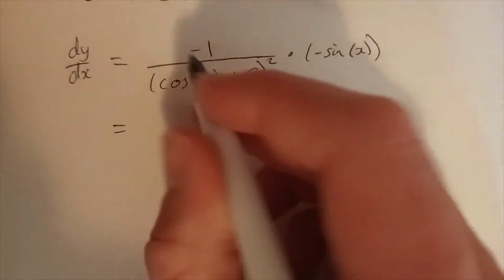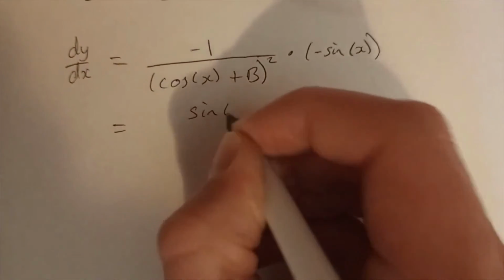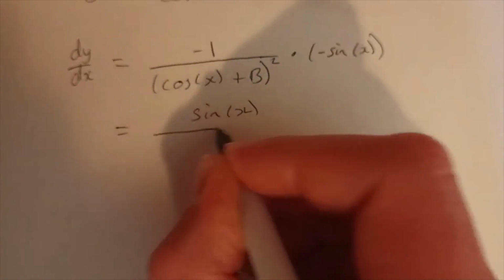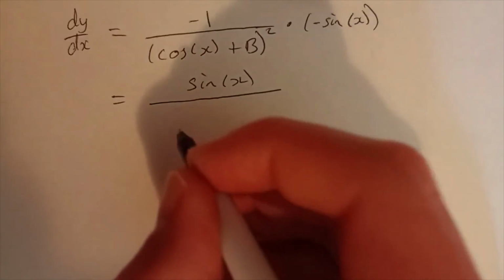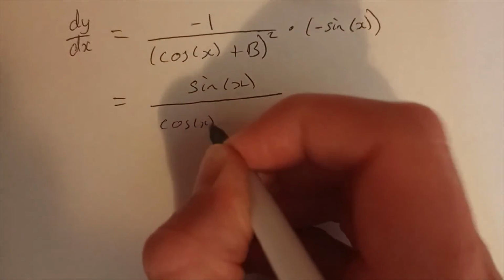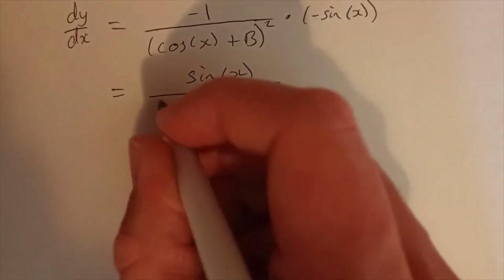So the two negatives will cancel, and we're just left with sine of x over cos of x plus b, all squared.